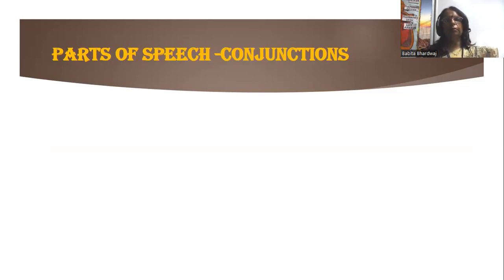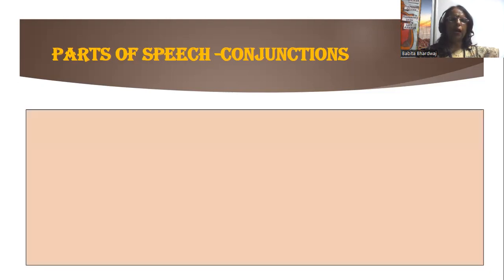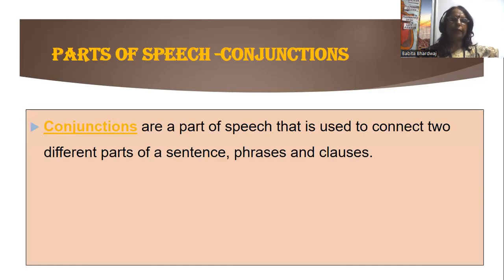Different trains are connected from one bogie to another. That's why it is known as junction. If we see in sentences how the words or the sentences are combined, how they are put together, there are certain words which are used to connect the sentences. These are known as conjunctions.